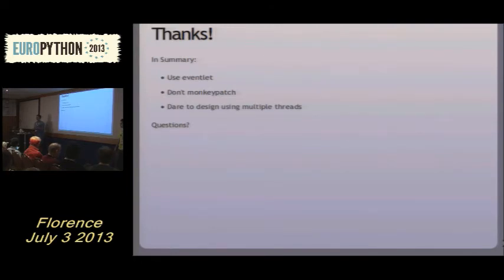ZeroMQ has hooks. ZeroMQ usually runs in a separate thread, but it's a C thread, so you can't see it from Python. It uses its own event loop to do I/O in just one thread instead of having to spawn lots of them.